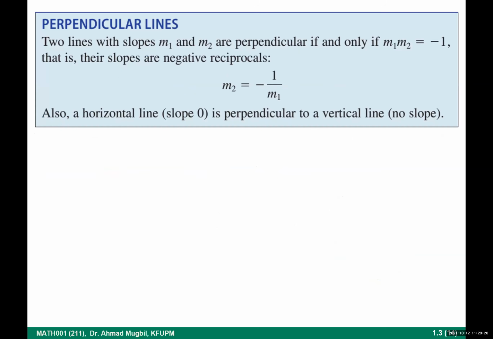Now, the perpendicular lines: what are perpendicular lines? They meet at a point. Geometrically, lines like this are joining at a point, but they are not perpendicular. Let me make it clearer: a line like this and another line like this are not perpendicular.